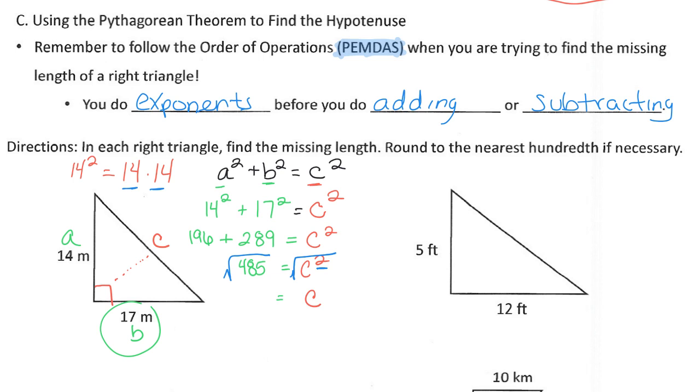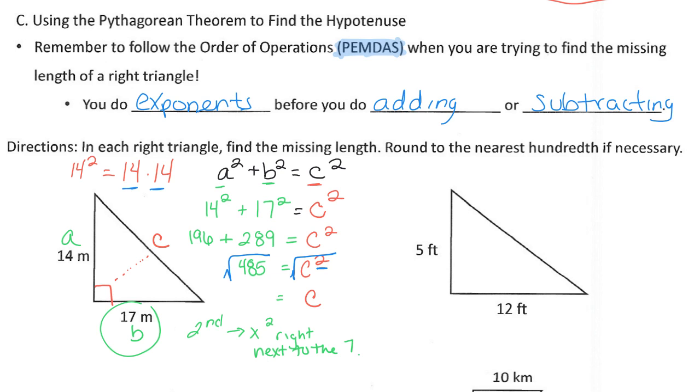And then we have to do the square root of 485. To do the square root on your calculator, you do second, and then the button that's x squared, right next to the 7.